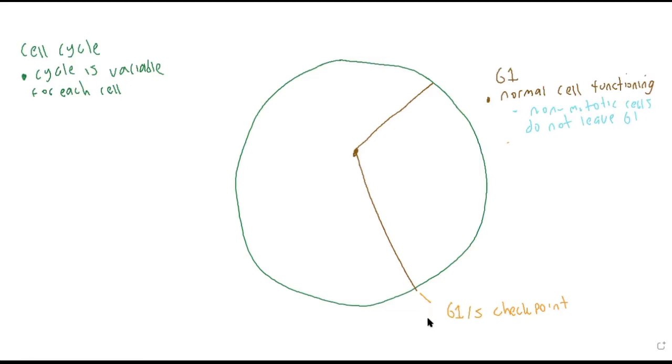If the cell passes the G1S checkpoint, it's going to move to the next stage that we're going to talk about soon. And this stage is called S phase or synthesis. However, if it doesn't pass the G1S checkpoint, and this is very important, it's moved to almost like a cell purgatory, a side category called G0. And G0 basically means the cell is told not to divide.